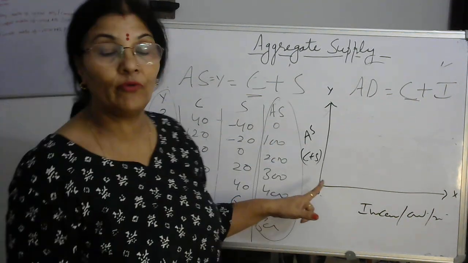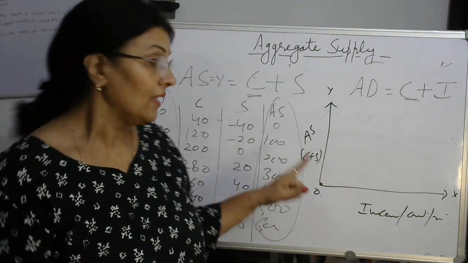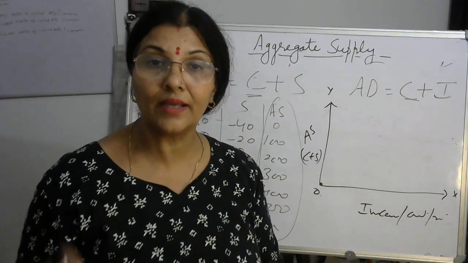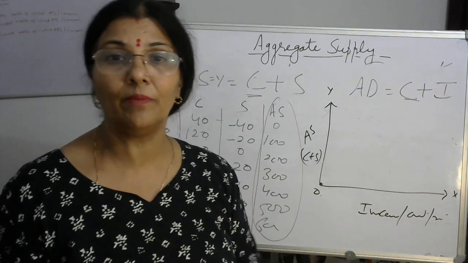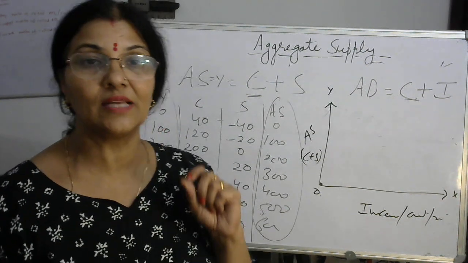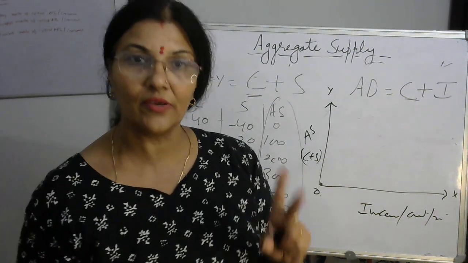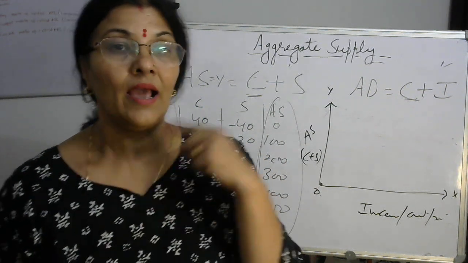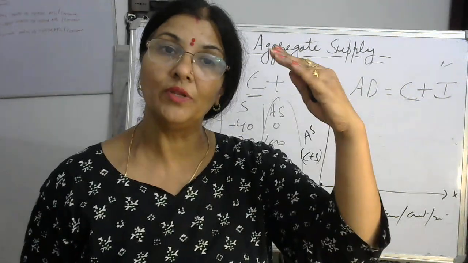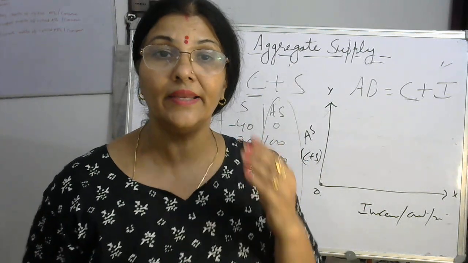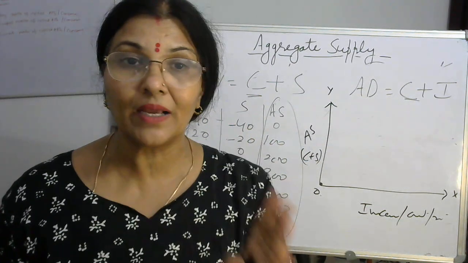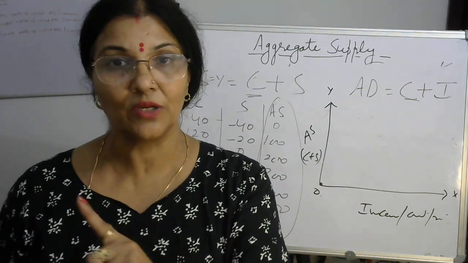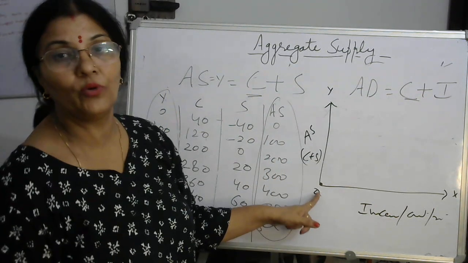So AS will originate from the origin, because at zero level of income, AS is 0, which is the summation of consumption and saving. As I explained to you, AD starts above the origin. Why? Because AD never becomes 0, even at 0 level of income, due to autonomous consumption. And AS starts from the origin.